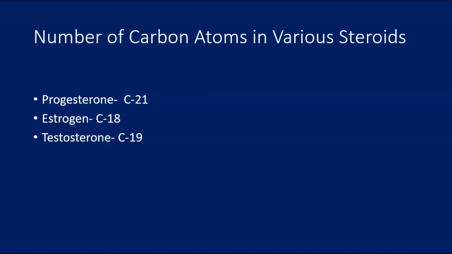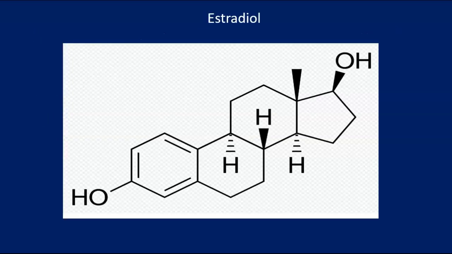Progesterone tends to have 21 carbons, estrogen 18, and testosterone 19. But again, with many of these large side chains that are in some of the newer developments, sometimes it's a little difficult to identify what the structure really represents.